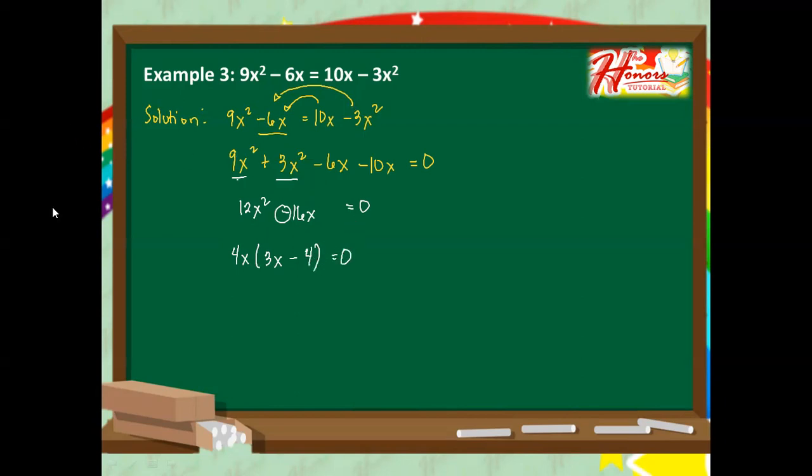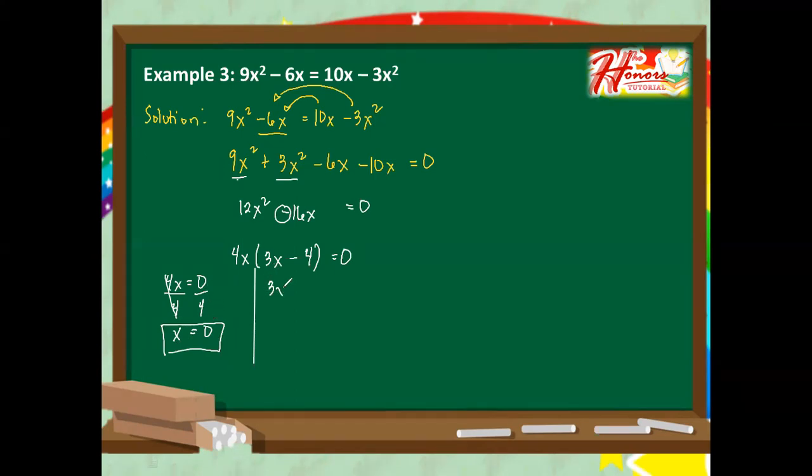Now, let's put a line here to separate 4x and 3x minus 4. Let's equate 4x to 0. And then let's divide both sides by 4 just to eliminate the numerical coefficient of x. Because always remember, our goal is to have x only at the left side of the equation. So cancel this. We have here x equals 0 over 4. The numerator is 0, so therefore this whole fraction will become 0. So your first root is x equals 0.